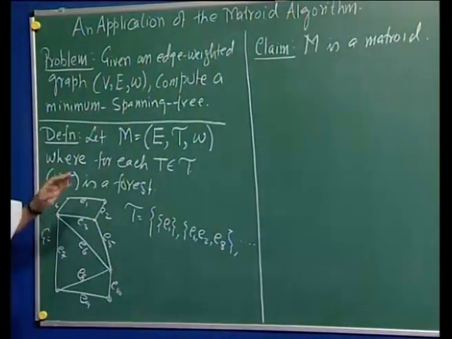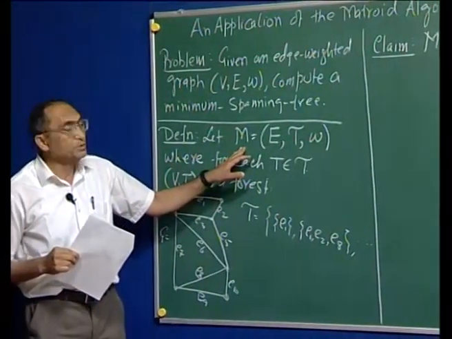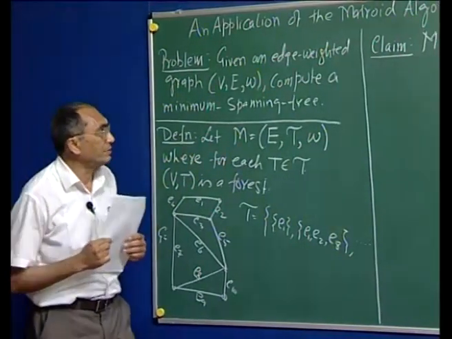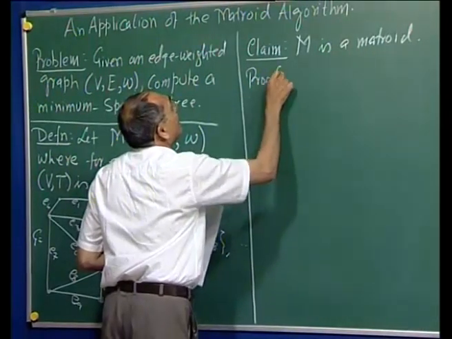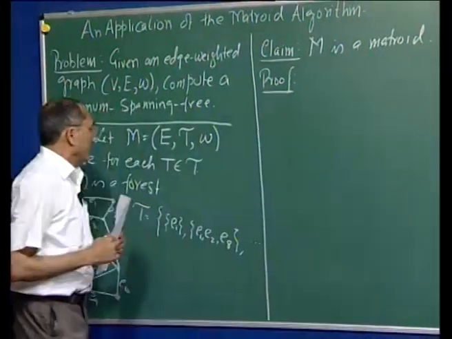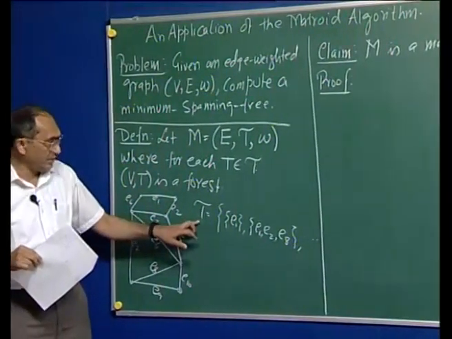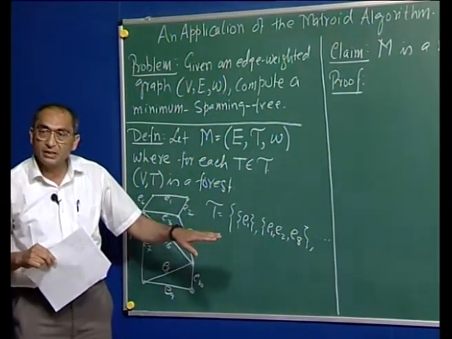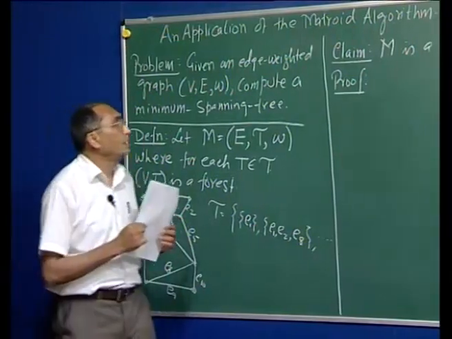Recall that there are 2 properties that M should satisfy for it to be a matroid. First is the subset property: if T is a member of script T, and T prime is a subset of T, then T prime should also be a member of script T.